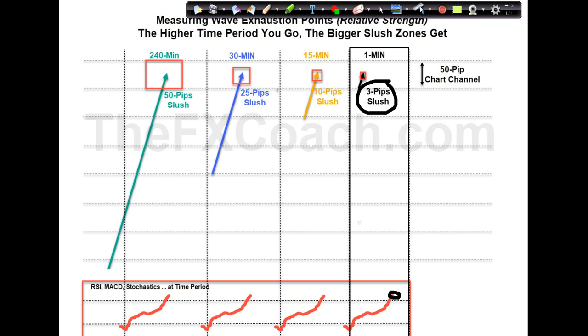Hope you're understanding this. Does that make sense? Do you get that? This is why smaller charts, tighter stops, bigger charts, fatter stops.